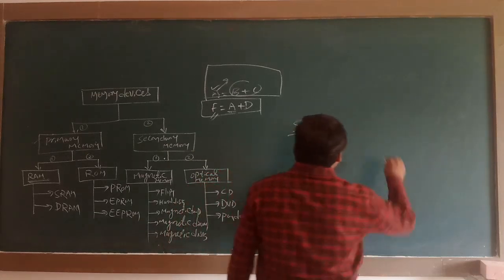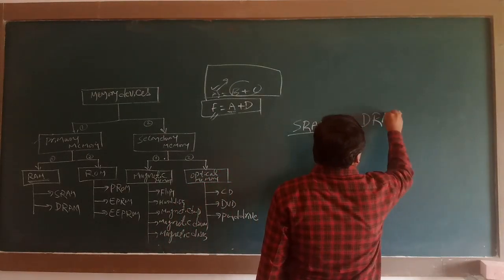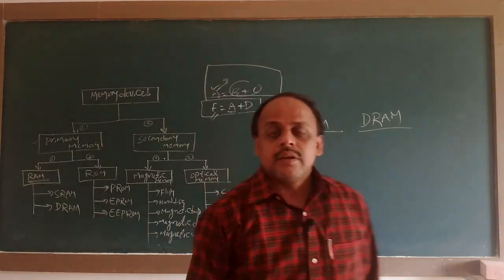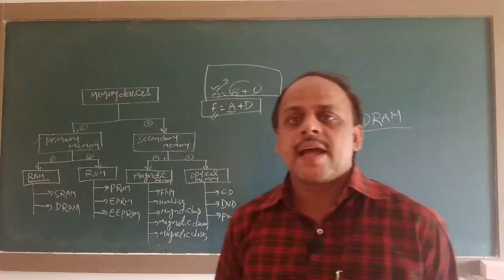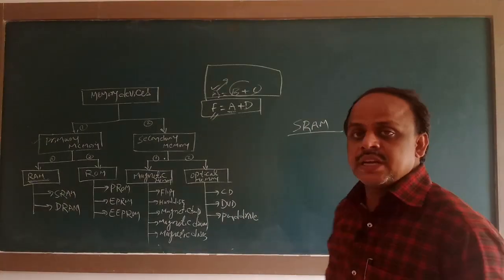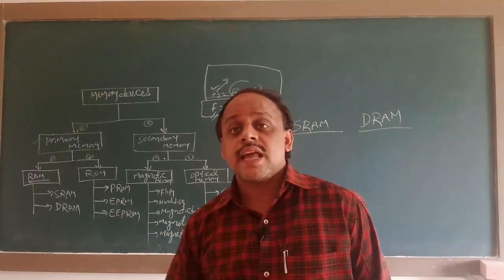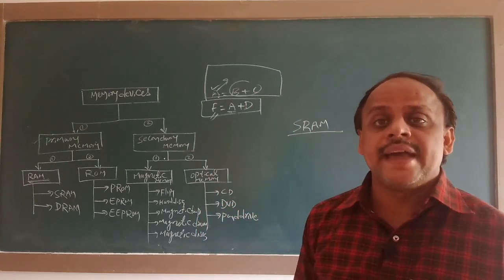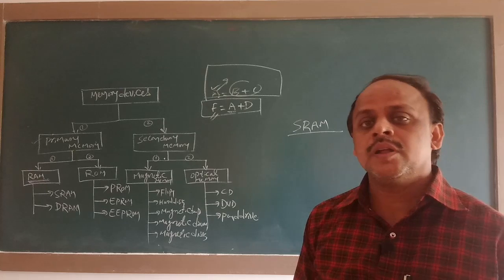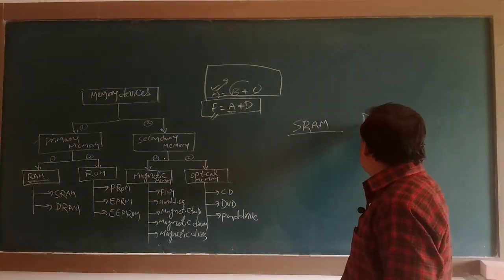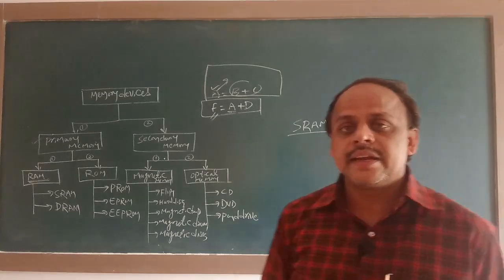In RAM we have two types, that is SRAM and DRAM. SRAM stands for static random access memory. DRAM stands for dynamic random access memory. Now let us see what is meant by this SRAM and what is meant by this DRAM.